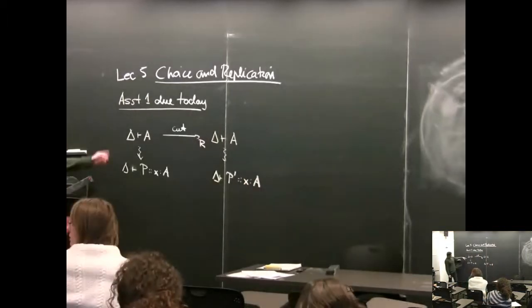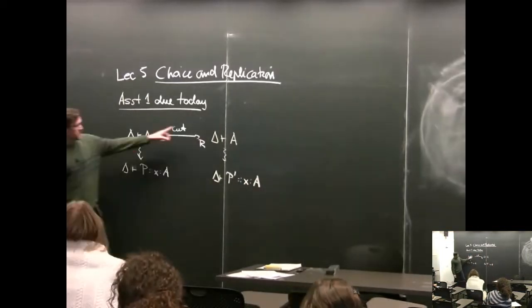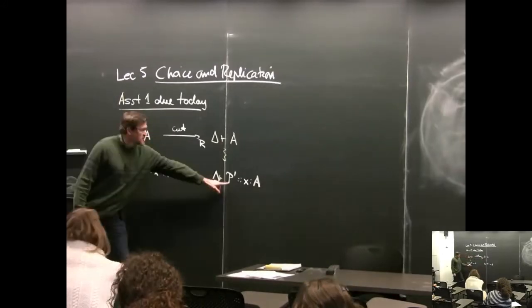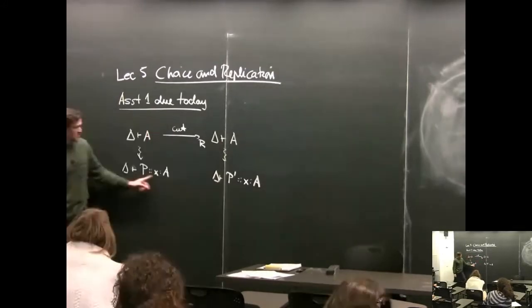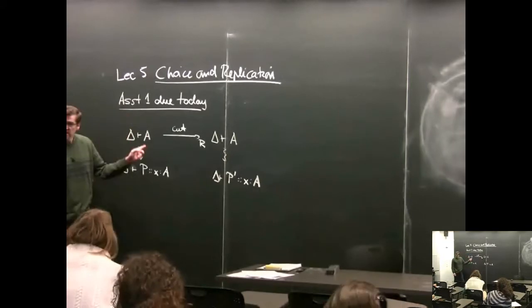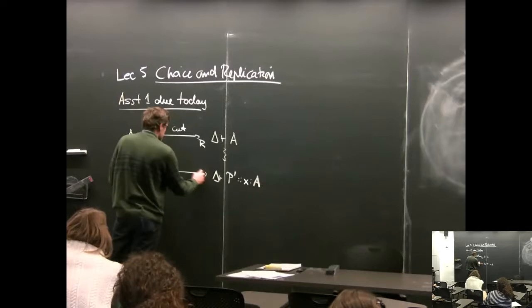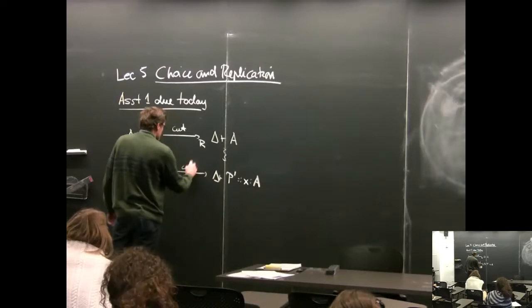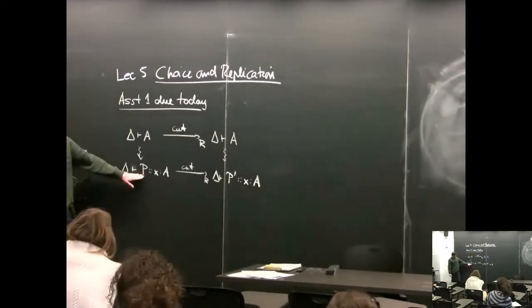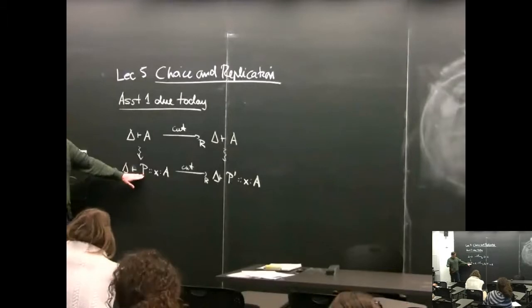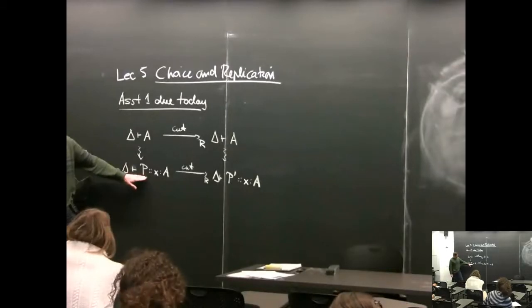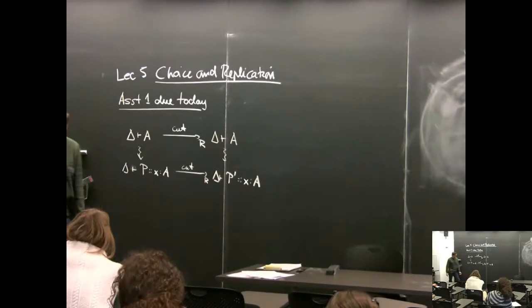And then we just basically see, if you do a reduction of cut over here, how does the process term P change when you go from here to here? So it goes from P to P prime. Okay. So there is a cut reduction here, which relates a proof to another proof. And if you just look at the process assignment, you see that P gets turned into P prime.